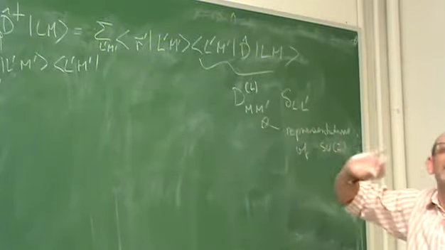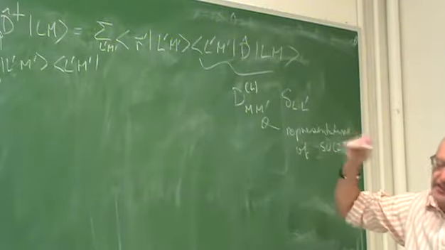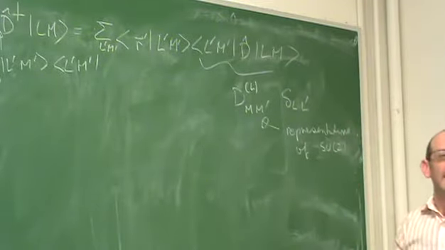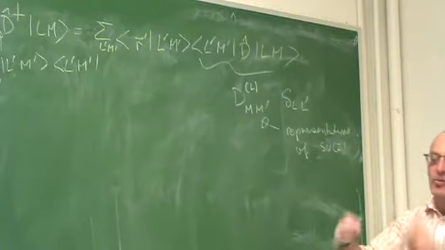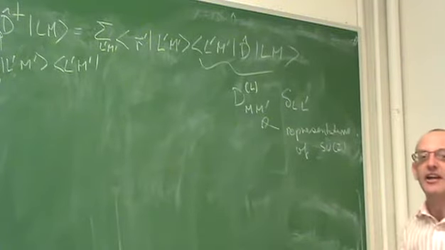When L is an integer, the difference between SU(2) and SO(3) is nothing. One is basically a double copy of the other.